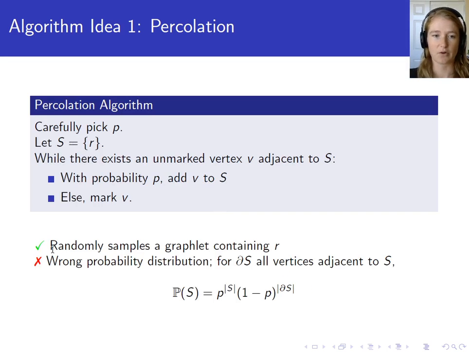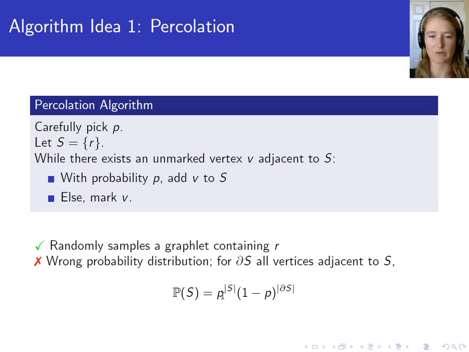Okay. So this algorithm is great in that it randomly samples a graphlet containing R, but it doesn't quite solve our problem. Right? So it samples the graphlets containing R with the wrong probability. If we look at this partial S being all the vertices that are not in the subgraph we've sampled but are adjacent to it, the probability of getting a particular graphlet S, well, we have to have included every single vertex that needed to be in there.